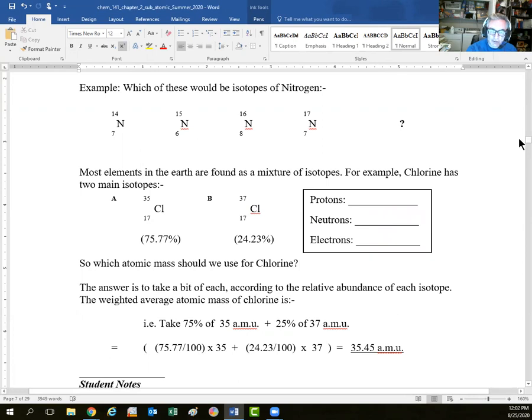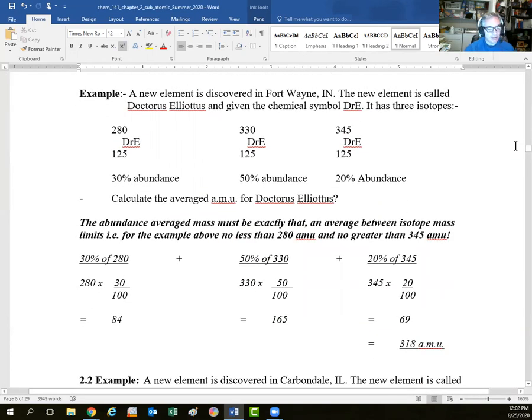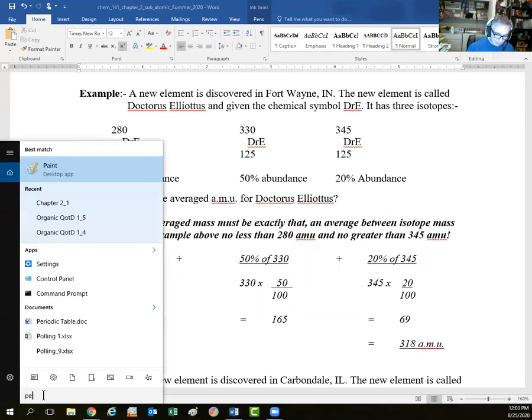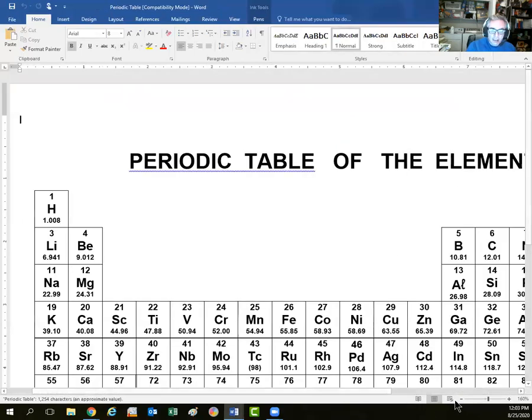And those values are the values that we see on a periodic table. We can take a quick look. I have to find my periodic table. There we go.